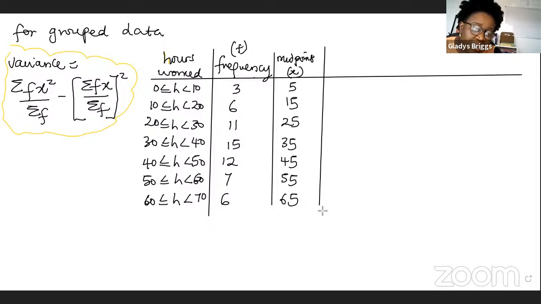And the next one will be f times x. We want to have f times x because we have sigma f times x here. Of course, we have to find sigma f as well.